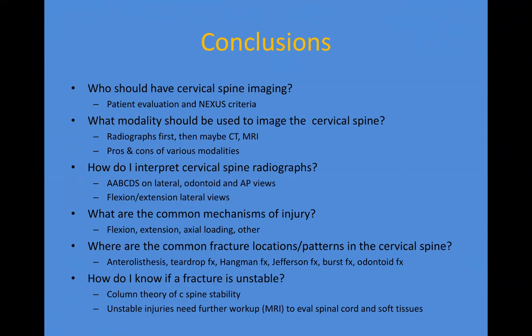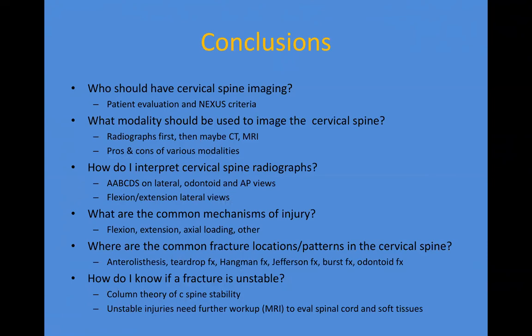Remember that lateral radiographs will pick up the majority of cervical spine fractures, 85 to 90%, and so most patients don't need a CT scan, but we will use it sometimes for inadequate films, such as when we're not seeing C7 T1. And then using MRI to look at soft tissues and the spinal cord when we suspect ligamentous or spinal cord injury.